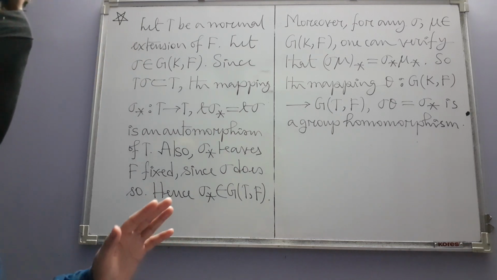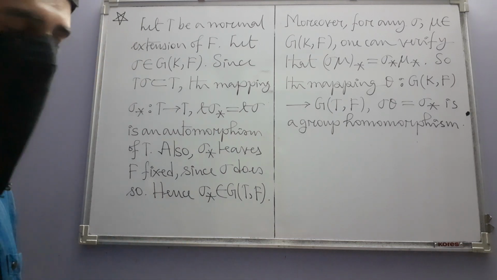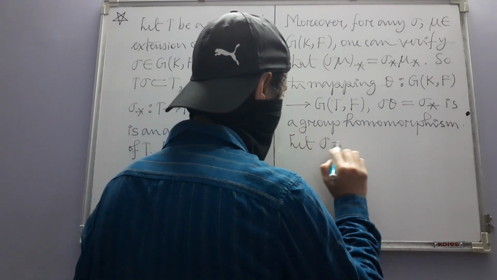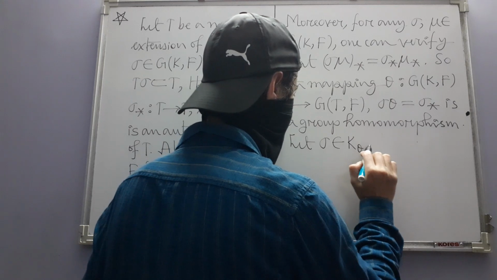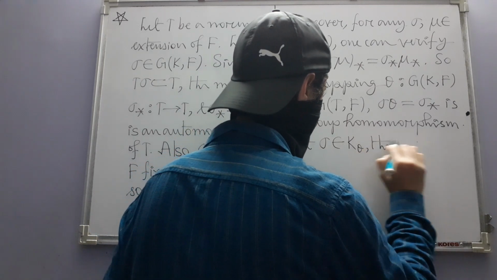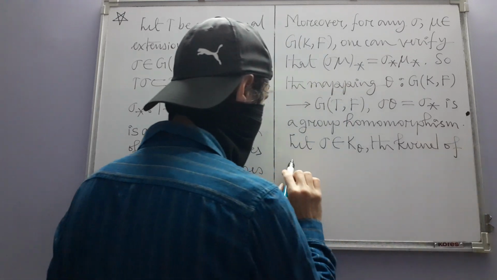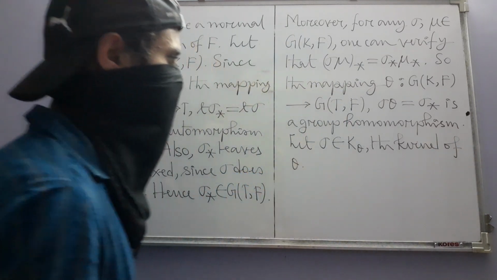Now we need to see what its kernel is. Let sigma belong to K theta, the kernel of theta.